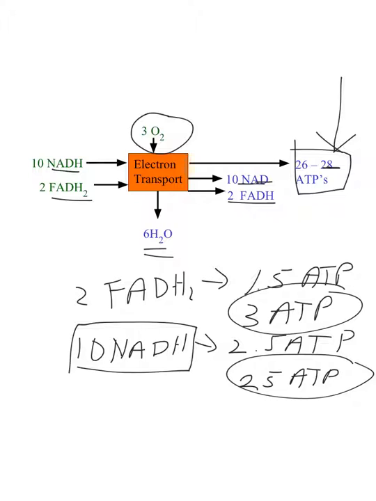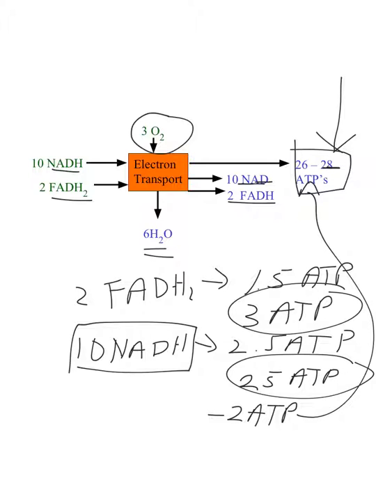Since there's 2 NADHs, we have to subtract 2 ATPs. And in those cells, you only get 26 ATPs worth of energy. So, probably not the easy answer that you were looking for, but that's the way cells work sometimes.